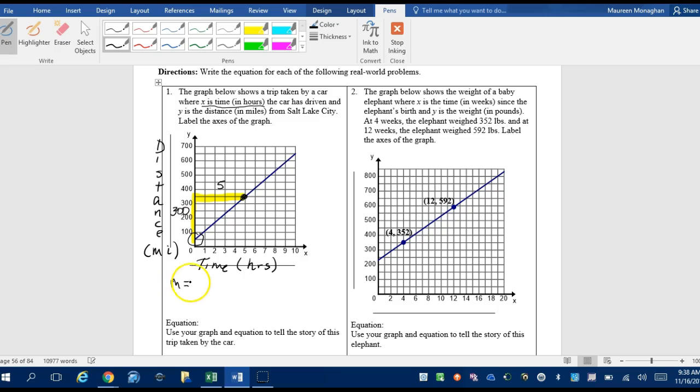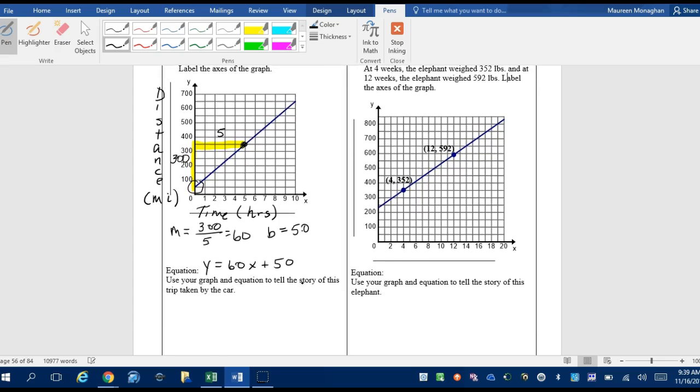So as we have done, you find the slope, 300 over 5, which is 60, and the y-intercept, where it crosses the y-axis, is at 50. So y equals 60x plus 50.